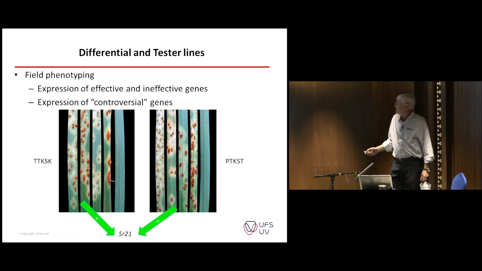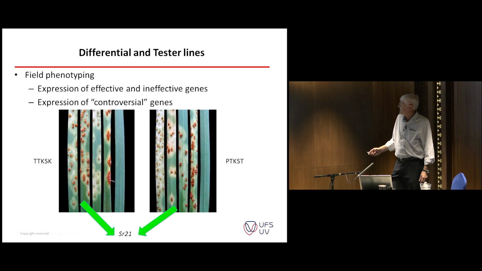Now, in these pictures, we have SR9H, SR21, SR24, SR31, SR36. So you can see both isolates are avirulent on SR9H. You can argue that this one is more avirulent than that one, probably.